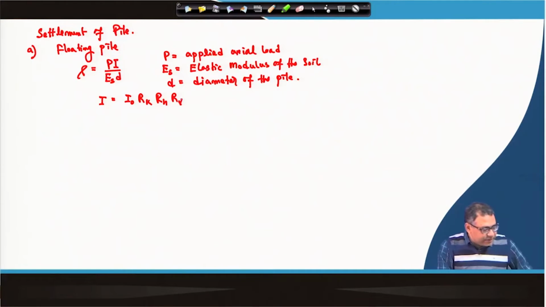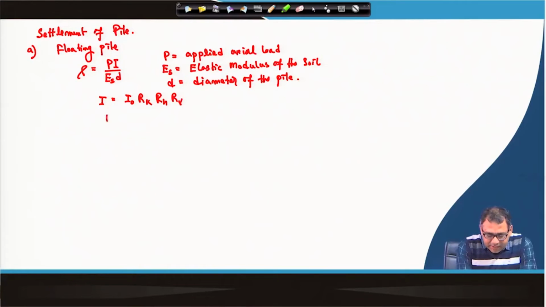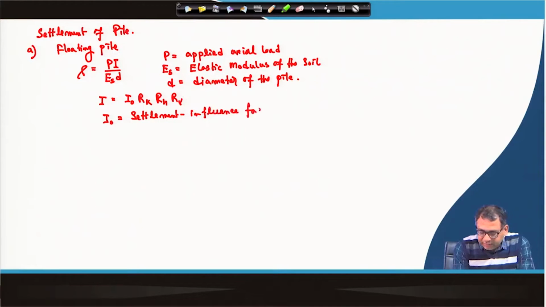Now, what is I 0? This I 0 is the settlement factor for an incompressible pile when mu s is equal to 0.5.